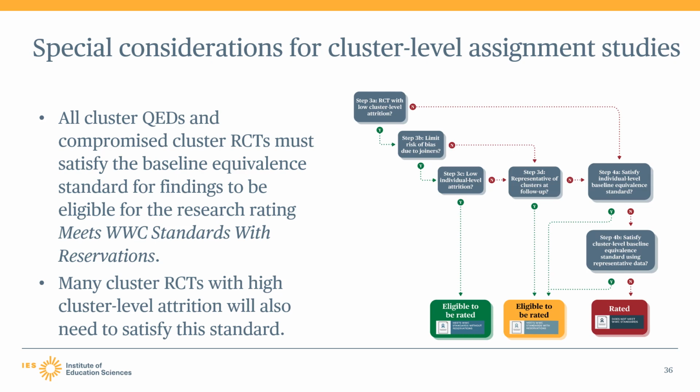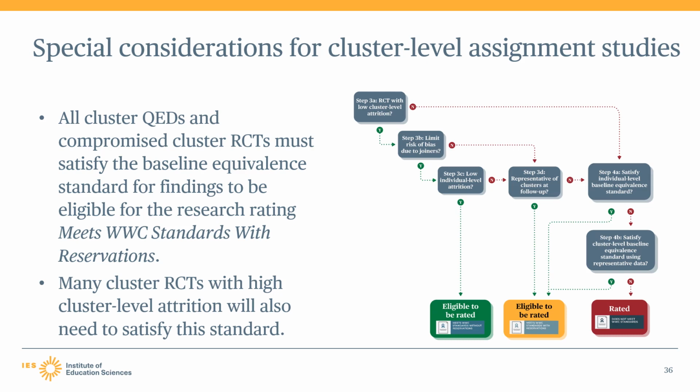Otherwise, the process shown in this figure determines whether cluster RCTs must satisfy the baseline equivalence standard. For example, cluster RCTs with high cluster-level attrition must satisfy the baseline equivalence standard.